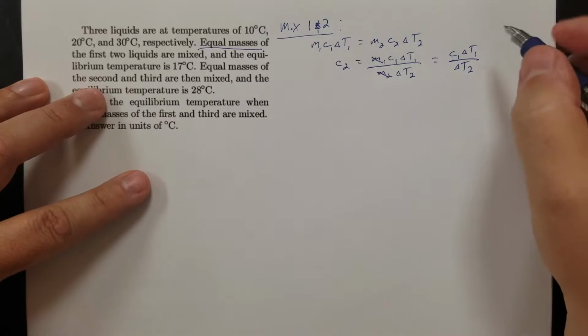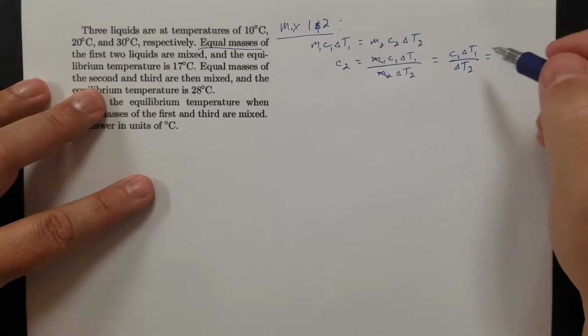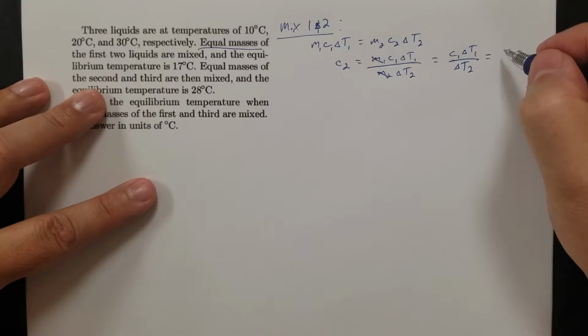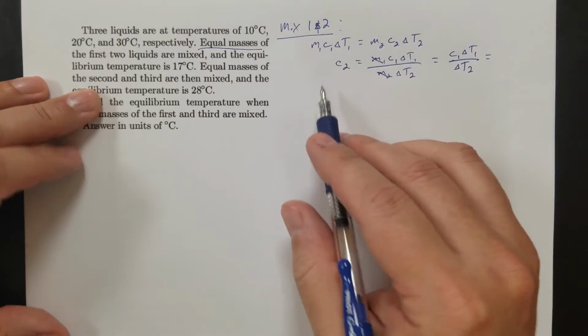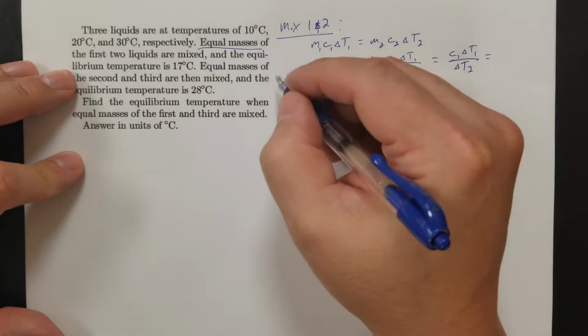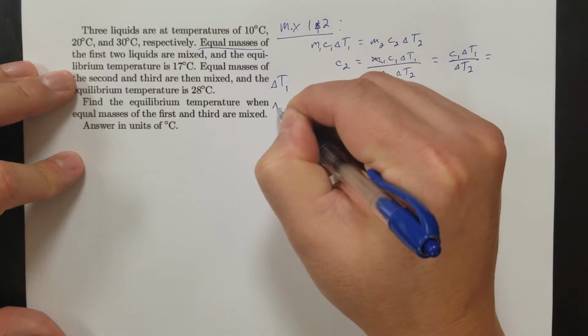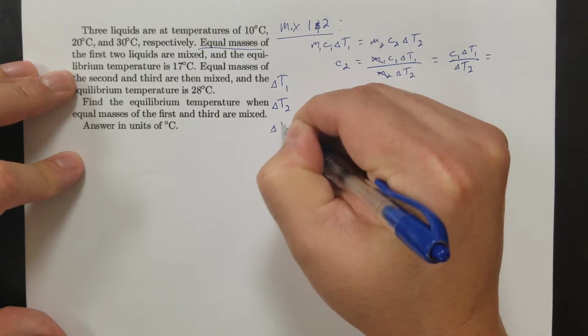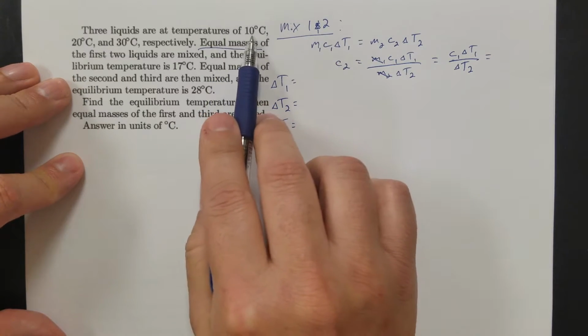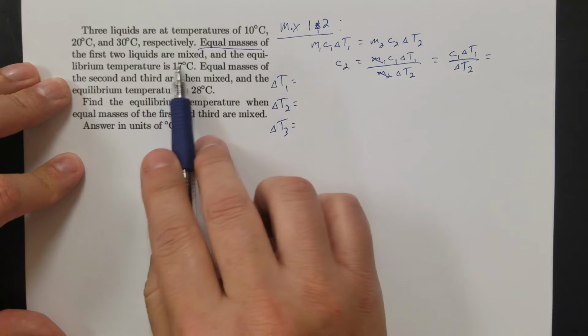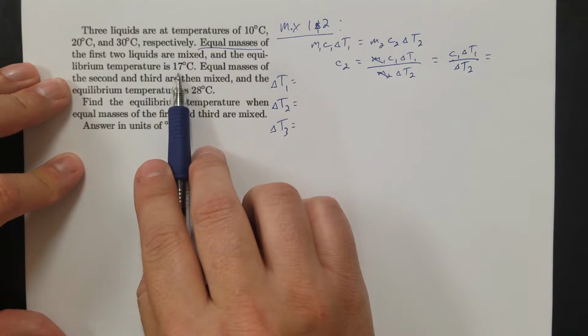Okay, so for my numbers, it's going to be basically delta T1 over delta T2. Let me write this down so I know: delta T1, delta T2, delta T3. Delta T1 goes from 10 to 17, right?